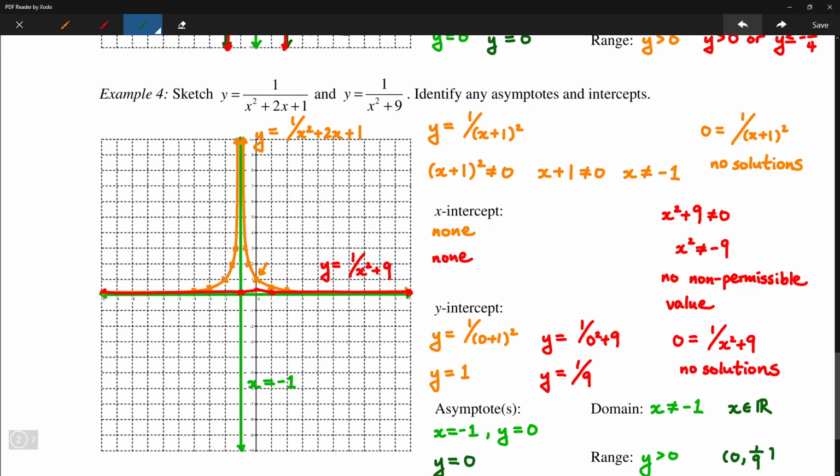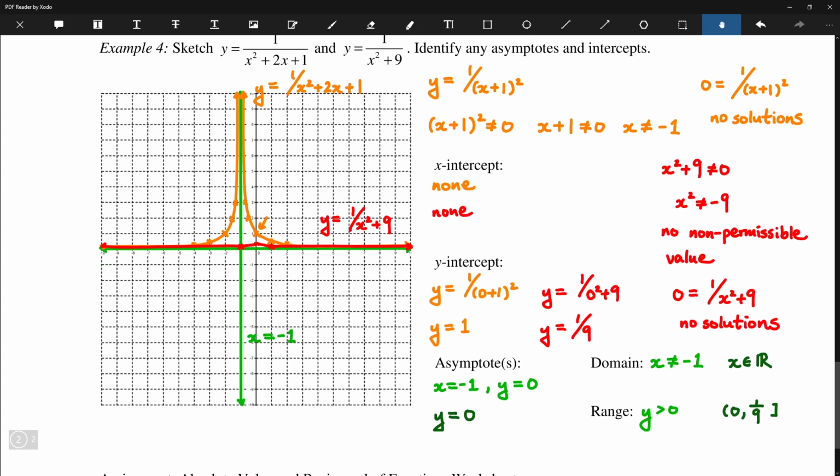If we write this in interval notation, the 0 will have a round parenthesis, and the 1 over 9 would have a square bracket on that side because this is included. Or we can write it as 0 is less than y is less than or equal to 1 over 9.